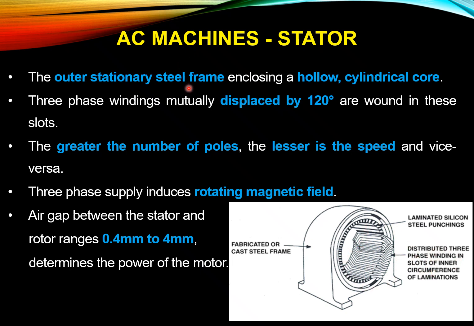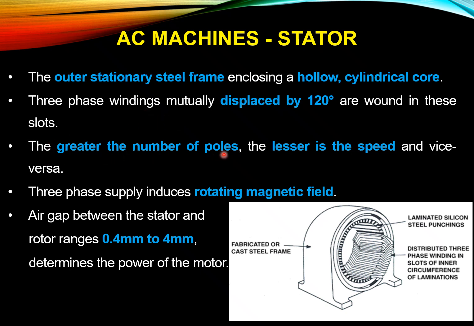In AC machines we usually deal with three phase, so it has three-phase winding. If you still remember, for three phase we have three separate windings separated by 120 degrees. Similarly, inside, all the winding will be in a three-phase construction.